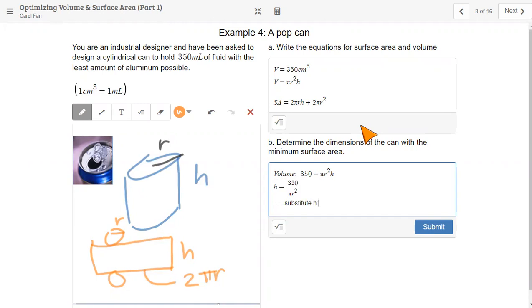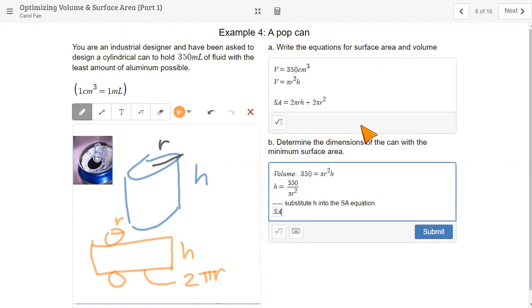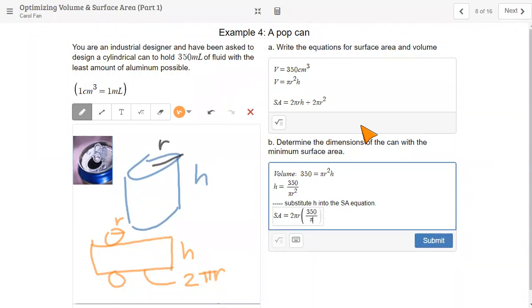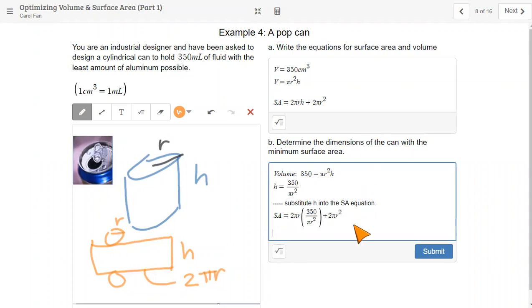So we can substitute h into the surface area equation now. So surface area is equal to 2 pi r times h, which is 350 divided by pi r squared, plus 2 pi r squared. Let's throw this into our graphing calculator, and then we'll see what the minimum area is.